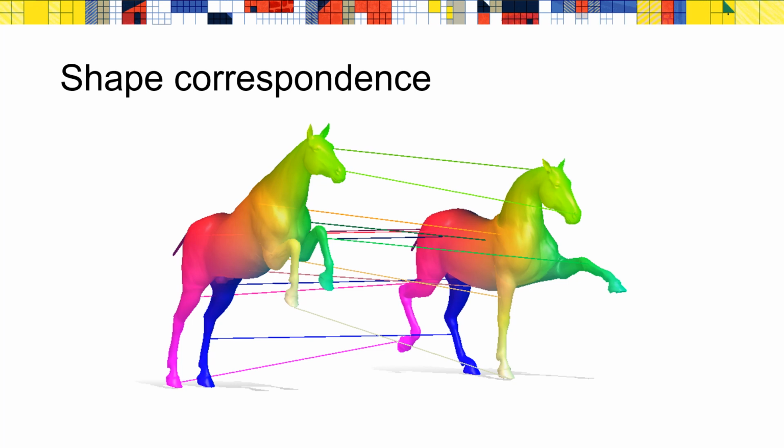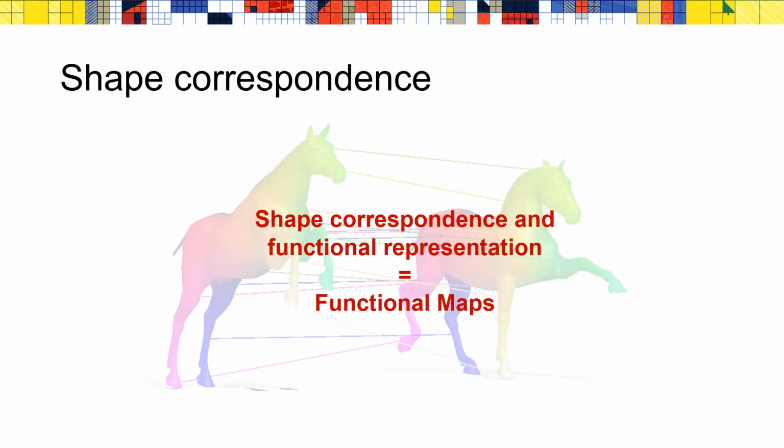The shape correspondence problem is a huge problem due to its combinatorial definition. We want to find the good permutation to align each point from the first surface to each point of the second. A solution that has been proposed for shape correspondence is based on the functional representation, and this solution is functional maps.